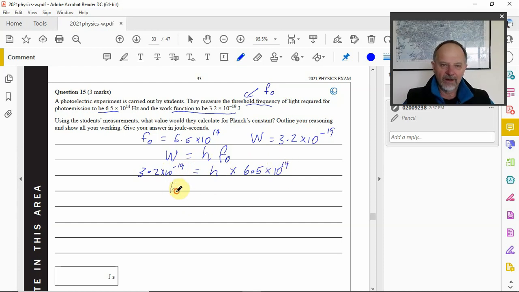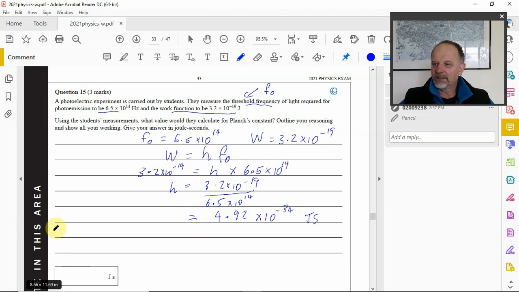And so our Planck's constant then would be 3.2 by 10 to the minus 19 divided by 6.5 by 10 to the 14, which works out to be 4.92 by 10 to the minus 34. And given we've used our standard units, that's already in joule seconds.